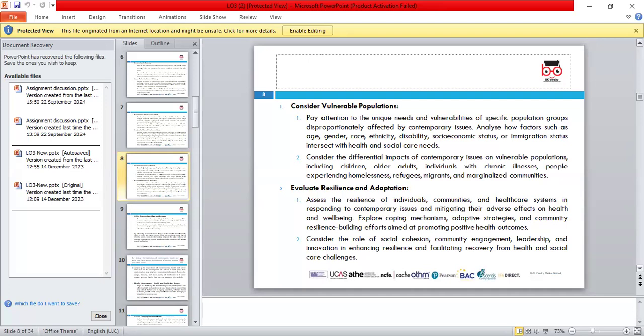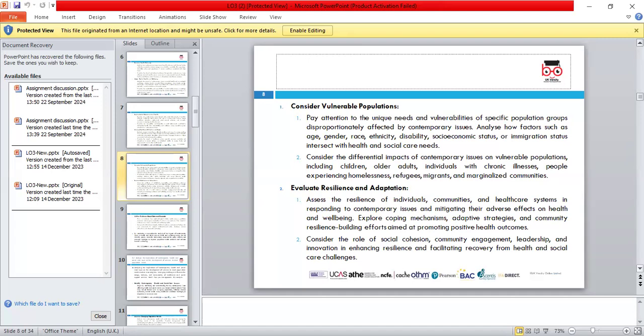Consider the differential impact of contemporary issues on vulnerable populations, including children, older adults, individuals with chronic illness, people experiencing homelessness, refugees, migrants, and marginalized communities.